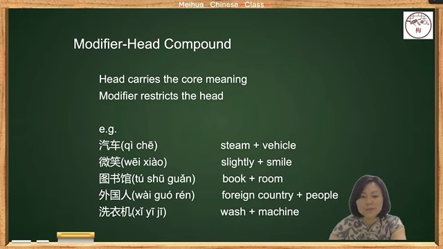The last one, 洗衣机. 洗衣 means wash clothes. 机 means machine. The modifier 洗衣 restricts the machine so that only machines that wash clothes can be called 洗衣机, right? Still, the modifier comes first before the head.